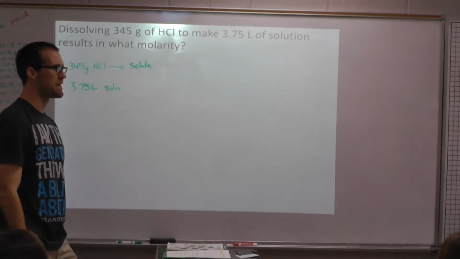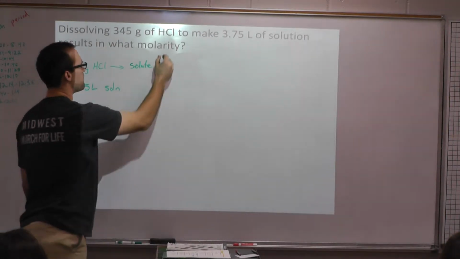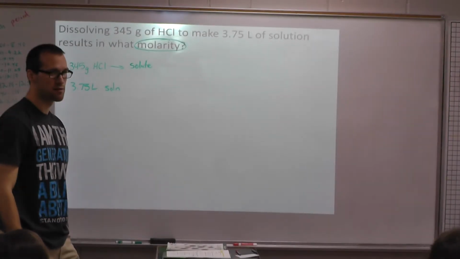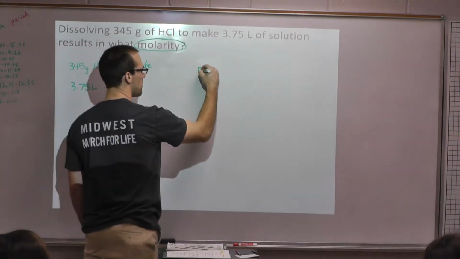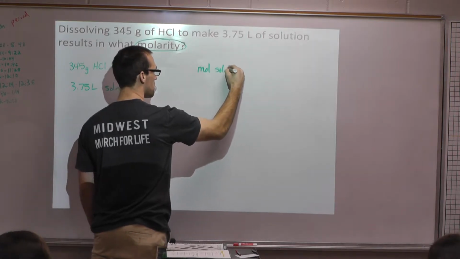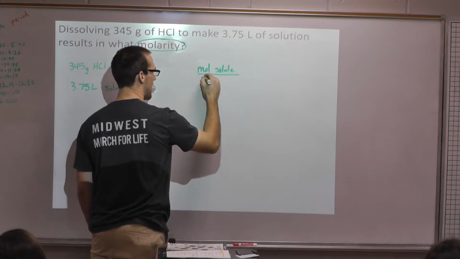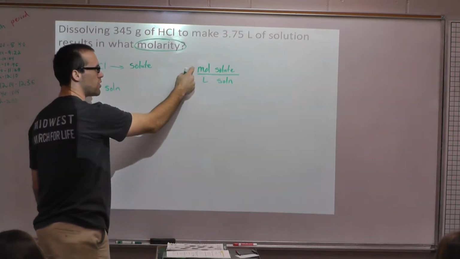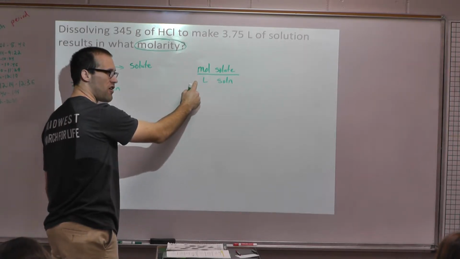Now, we want molarity. What are molarity's units? Moles per liter of solute. Oh, it's divided by liters of solution. So I need to find the moles and divide it by the volume.